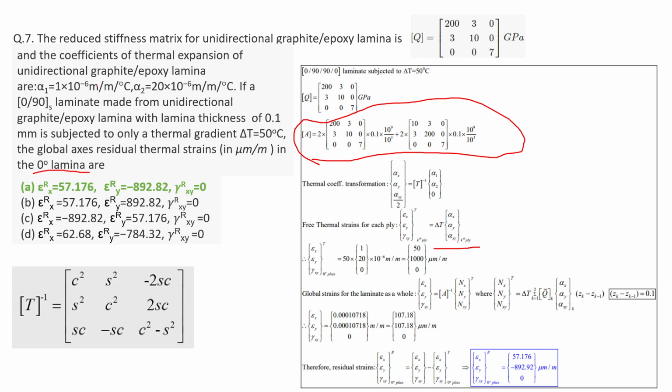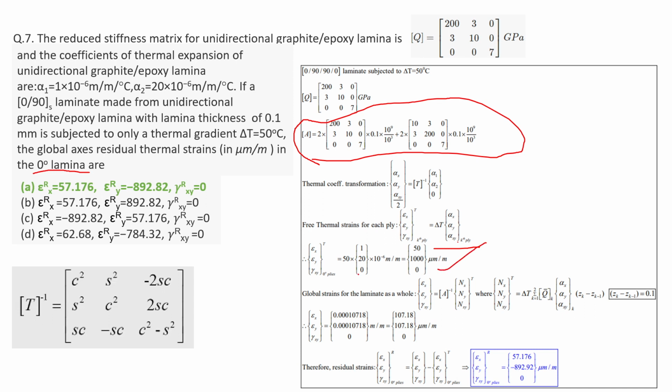Alpha 1, alpha 2 will be the same for that of 0 degree. So we take alpha 1 equal to 1 into 10 to the power minus 6, alpha 2 equal to 20 into 10 to the power minus 6. So from that we will get the free thermal strains of the 0 degree lamina.